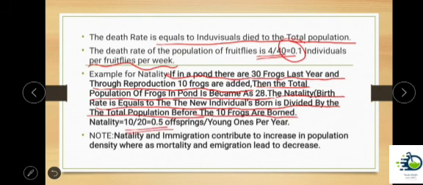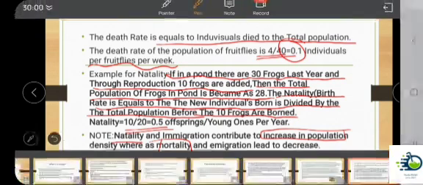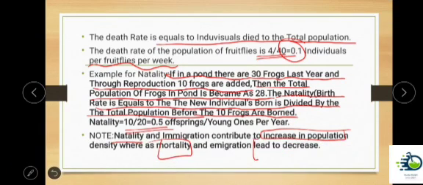Then the value is 10 by 20, which equals 0.5. By this we can say that natality increases the population, while more mortality leads to a decrease of population.